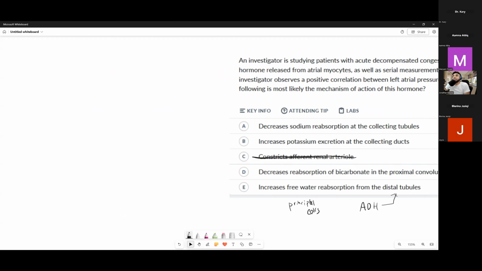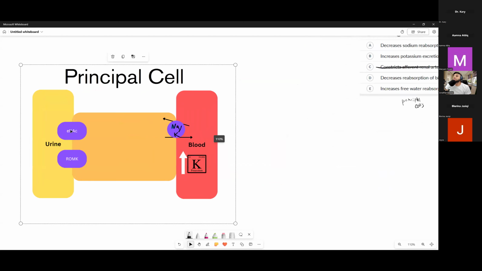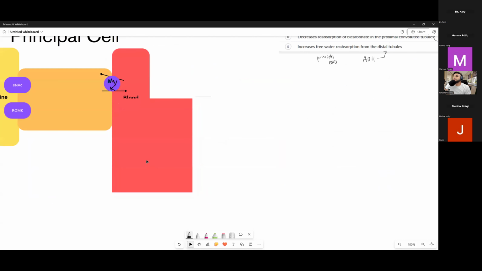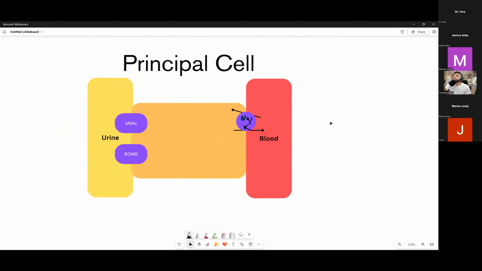So let me show you that principal cell that I had here before. The ENaC channel, very important. Let me put this here on the screen. Let me take away that potassium area here, not to confuse anybody. There we go. Okay, so this is going to be the principal cell.